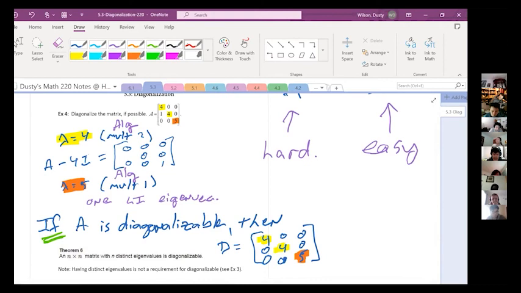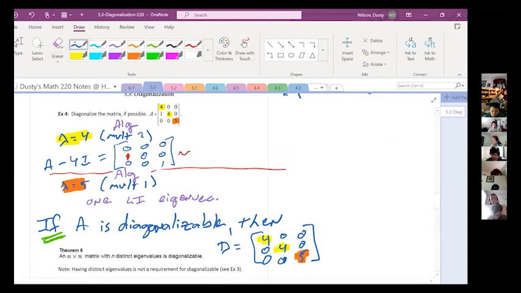Right here, this should be a 1. Okay. So then we row reduce it, and we get 1, 0, 0, 0, 0, 1, 0, 0, 0.